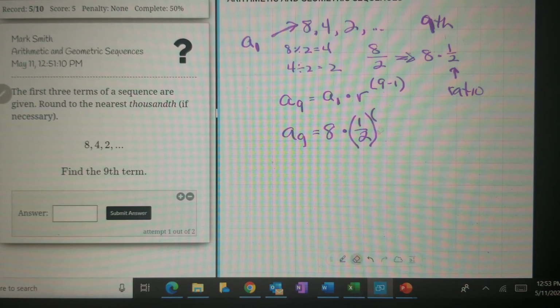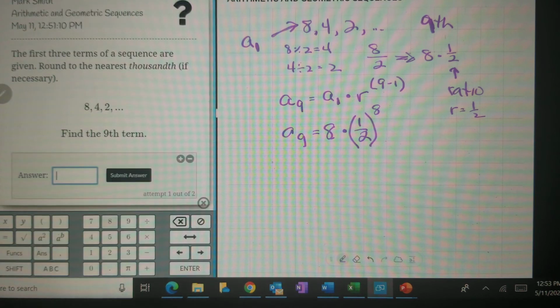So our ratio r equals 1/2 right here, and we're going to take 9 minus 1, which is 8. So this is 8 times 1/2 to the 8th power.